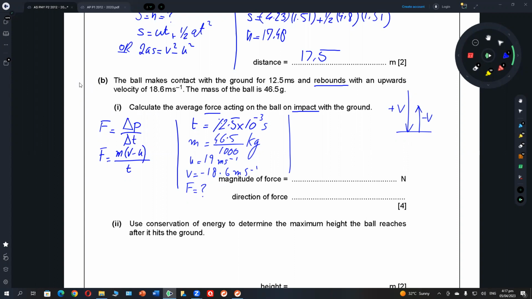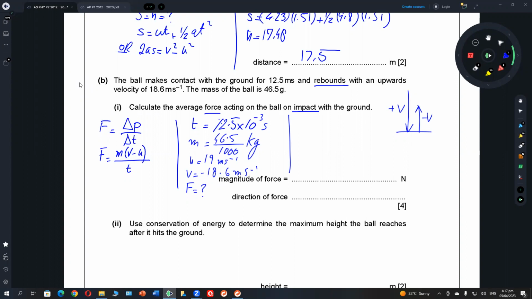I took the u first and then the v, so I did 19 minus 18.6. But they will eventually be added. In any way, it doesn't matter whether you take v minus u or u minus v, they will be added because both are in the same sign.